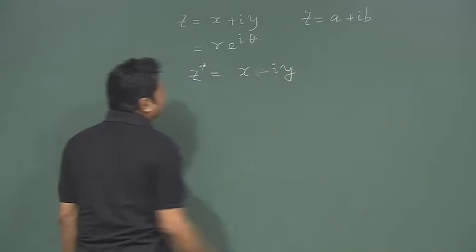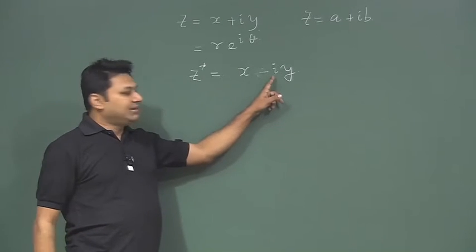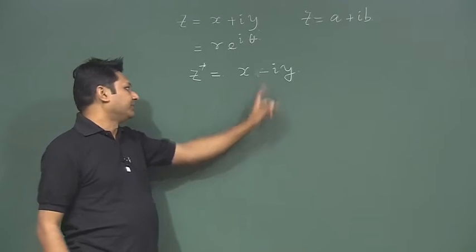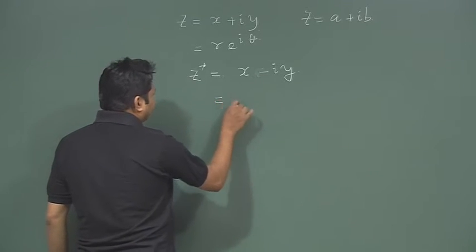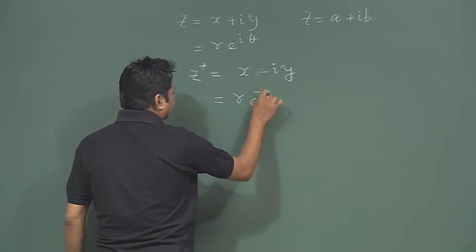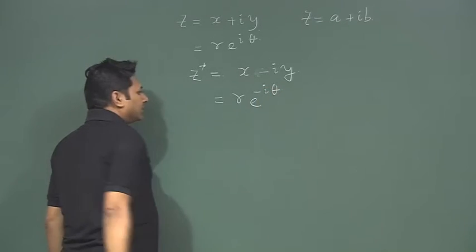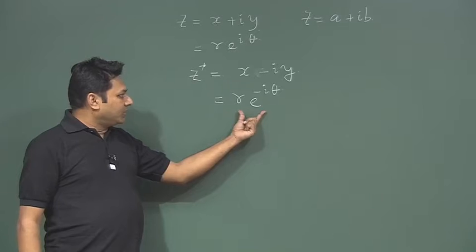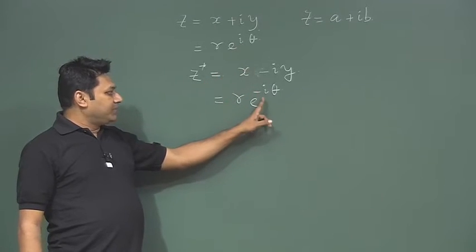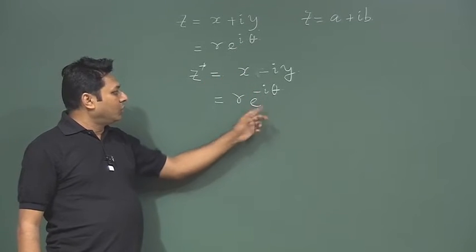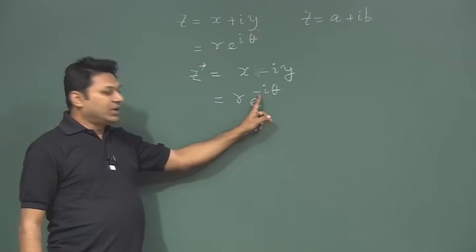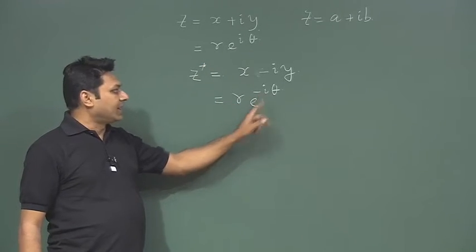When I say conjugate, that means I need to replace this i with a minus i, that is why this minus sign will be here. In a similar way, if I write these things in terms of polar coordinates, this i will be replaced by minus i. So there is a change in the equation from this i.